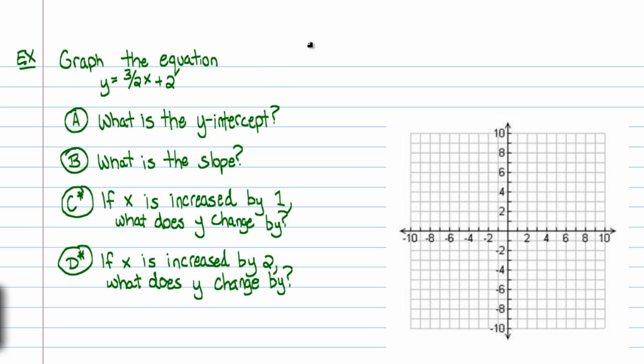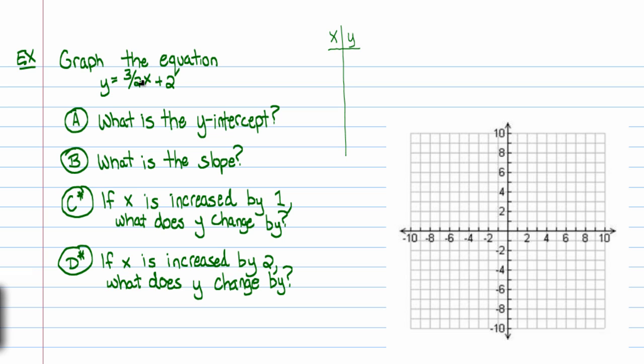So to graph this equation, the only way we know how to at this point is to create a table of values. But this creating a table of values will soon go by the wayside. We'll be done with this near the end of this lecture. Easy values to plug in are, well, because we have a 3/2 times x, we want to be able to cancel that denominator too.